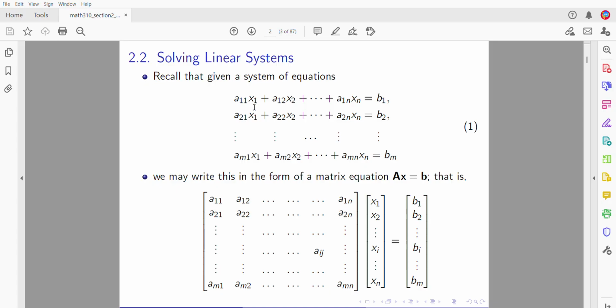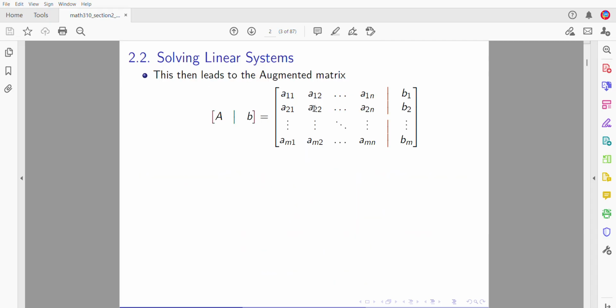I'm allowed to interchange. Write this row first, that row last. It's the same system. That's all we are saying. So by making these changes, it may look like a different system, but you actually have the same solutions. That's what this theorem states.